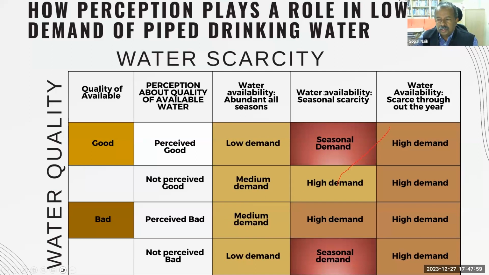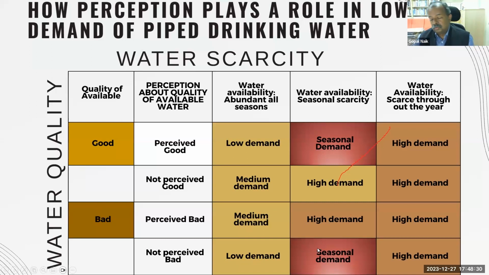Whereas if water is seasonally scarce, then you will see that there will be high demand. Whereas if the quality of water available is bad, and it is not perceived as bad, then people will still go ahead and drink and use that water, and therefore the demand for piped water will be low. And similarly, if there is a seasonal scarcity, there will be a seasonal demand.